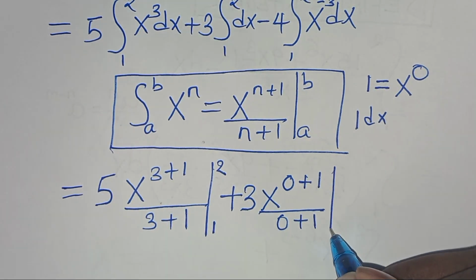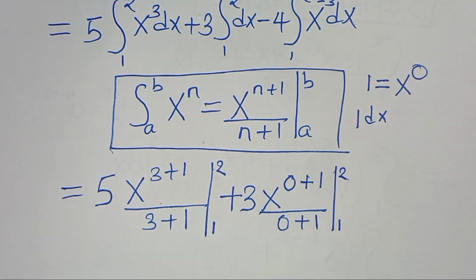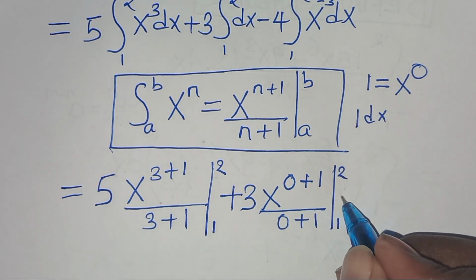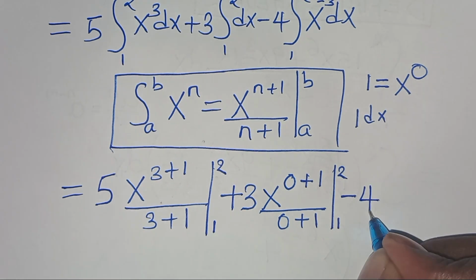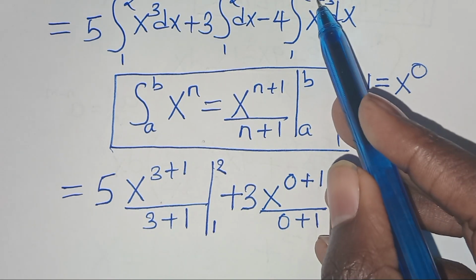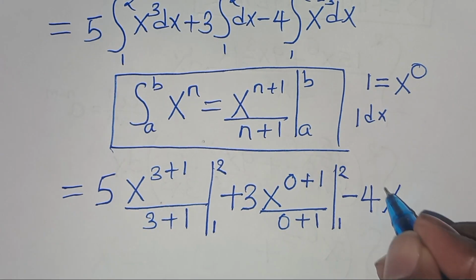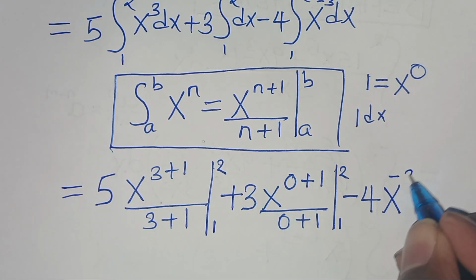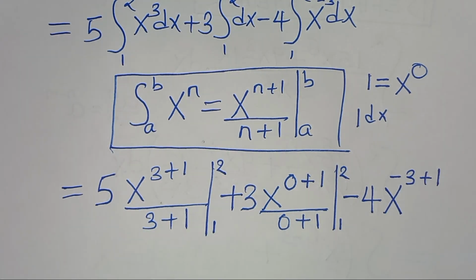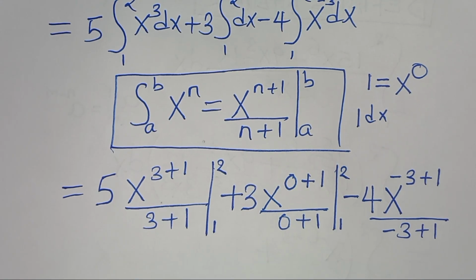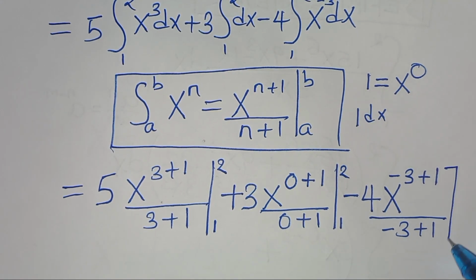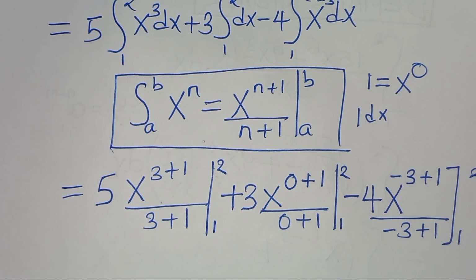Then we have the limit from 1 to 2. I hope you're following this. Then subtract 4. We have x raised to the power minus 3, so x^(-3+1) over minus 3 plus 1. Again, we have the limit from 1 to 2.